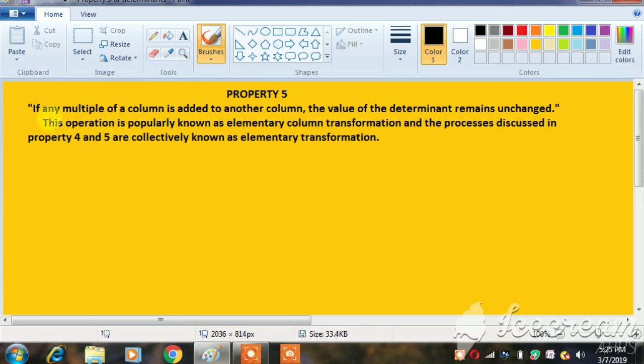This property, or we may say this operation, is popularly known as elementary column transformation, and the process discussed in property 4 and here in property 5 are collectively known as elementary transformation.